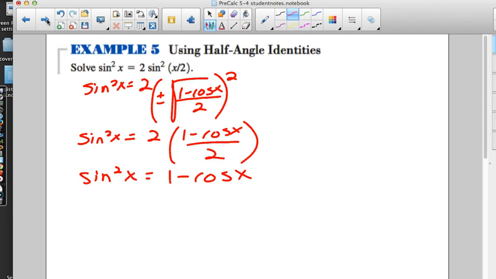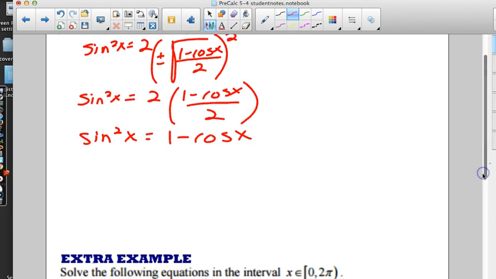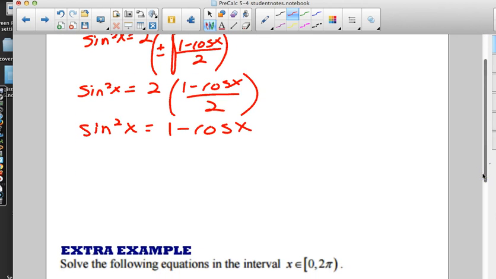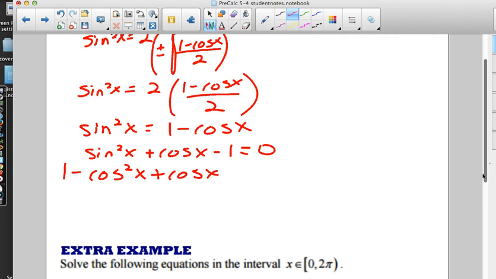Gotta move everything over to one side and then think of a way to get something that would be factorable. Think of something we could put in for sine squared x that would have to do with cosine x. 1 minus cosine squared x. Exactly. So you go back to that basic Pythagorean identity.